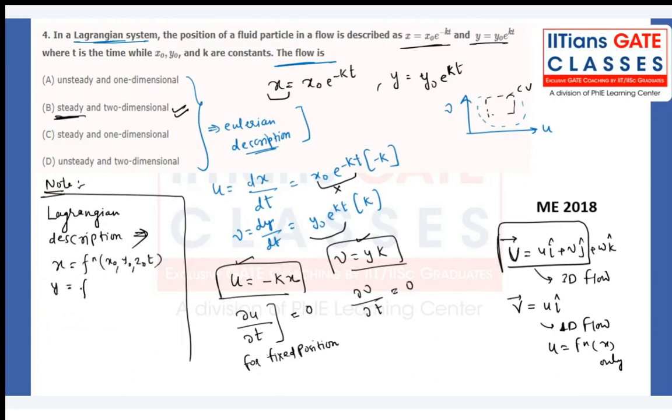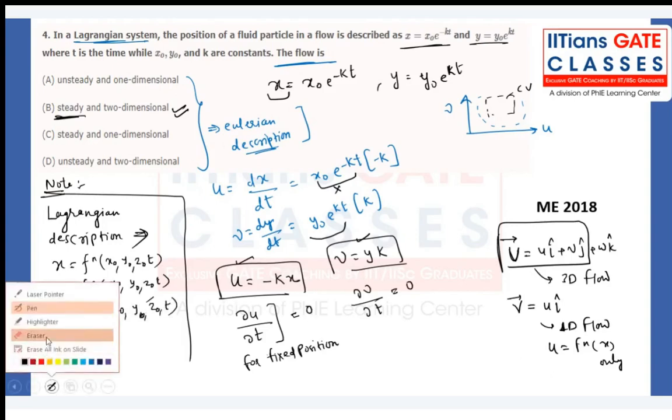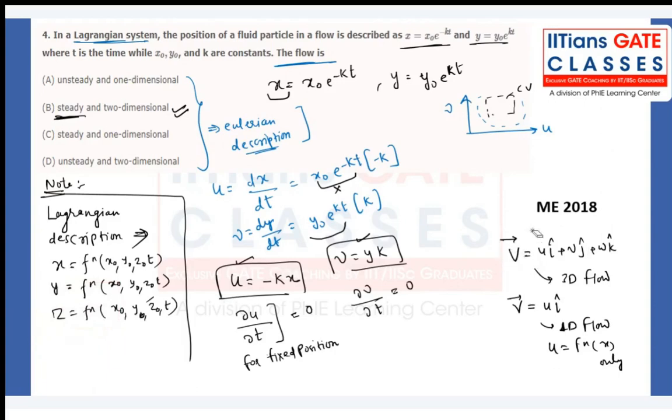Y is given as a function of x naught, y naught, z naught, t. X naught, y naught, z naught is the initial position when the time is 0. Z is given as a function of x naught, y naught, z naught, and t. But this type of description will not be there in the Eulerian descriptions.